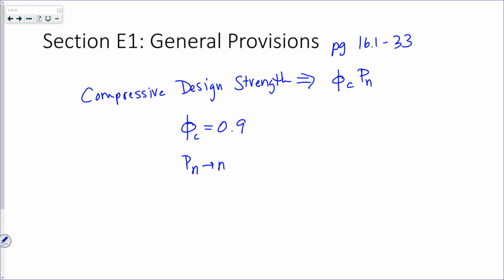Pn is our nominal compressive strength, and we're going to have some equations on how to calculate that.